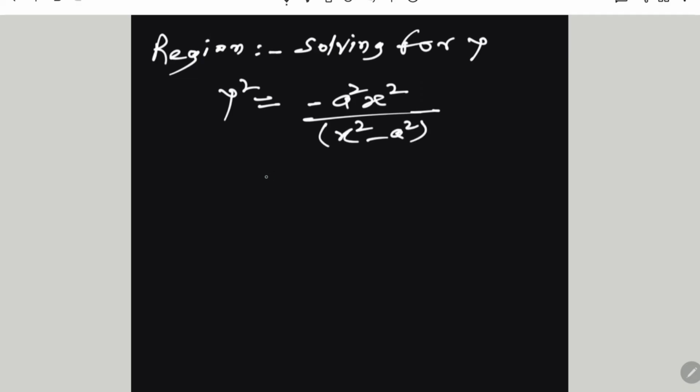Solving the equation for y, we get y square is equal to minus a square x square divided by x square minus a square, multiplying by minus inside, we get a square x square divided by a square minus x square.